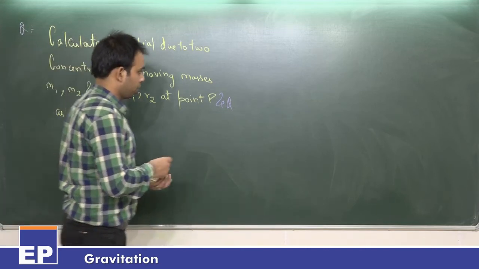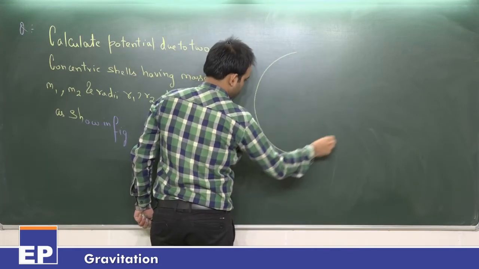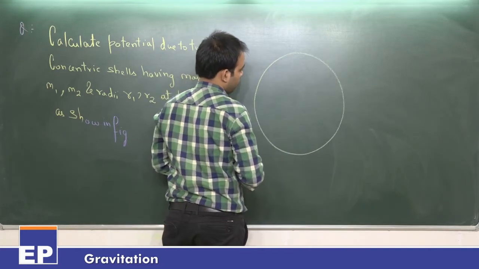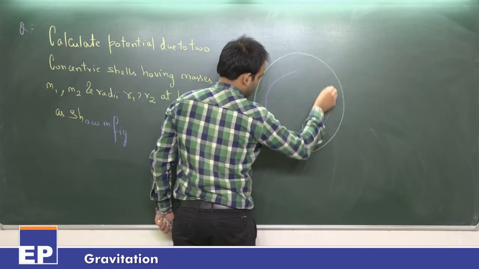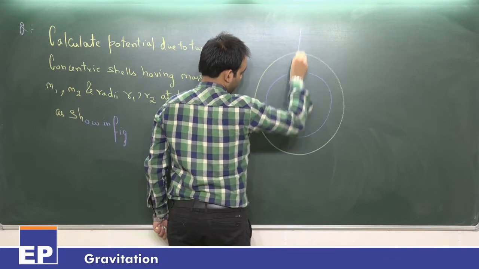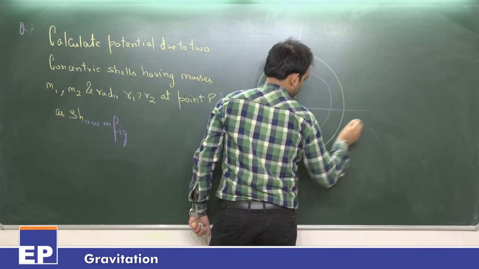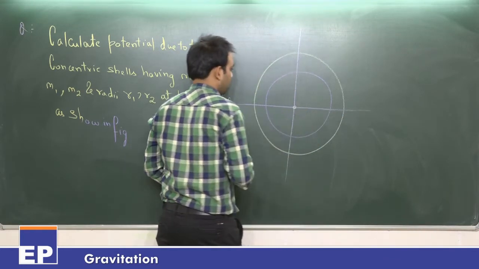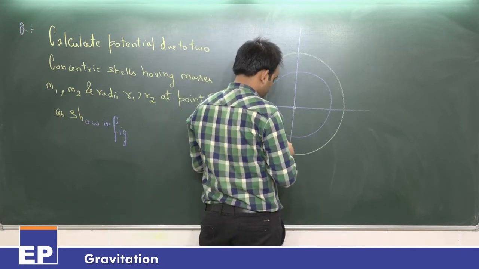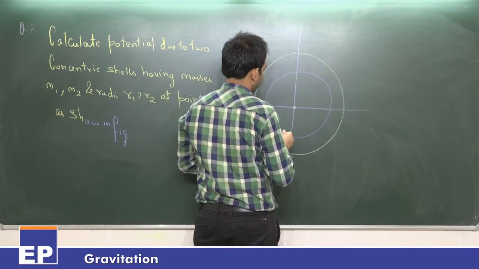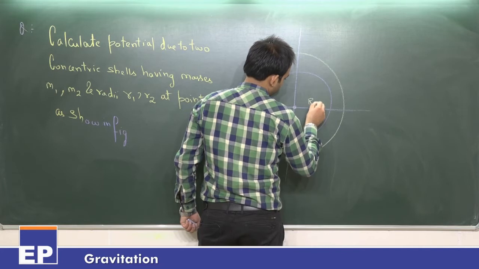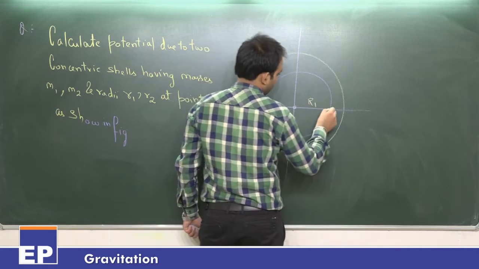There are two concentric shells. So it is its center. And this is having mass m1. The radius is r1.